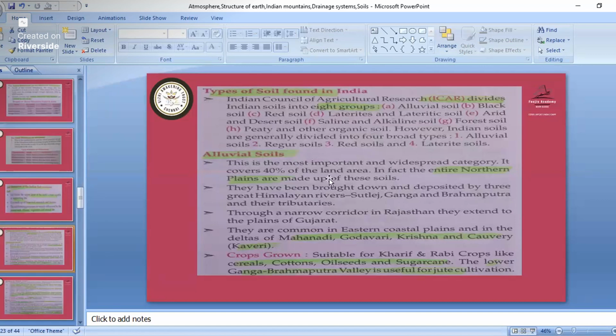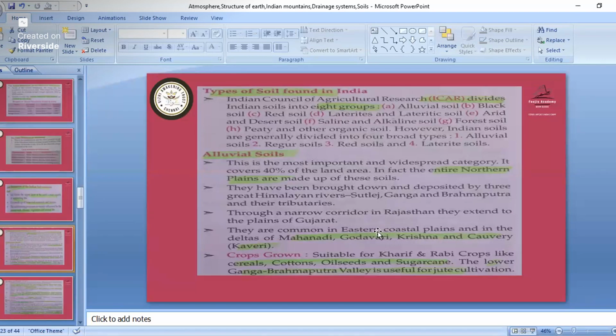This alluvial soil you will mostly find in northern India where the Ganga plains are present. In fact, the entire northern plains are made up of these soils. It is common in the eastern coastal plains and in the deltas of Mahanadi, Godavari, Krishna, Kaveri. So all these alluvial soils are present mostly near the banks of these rivers.